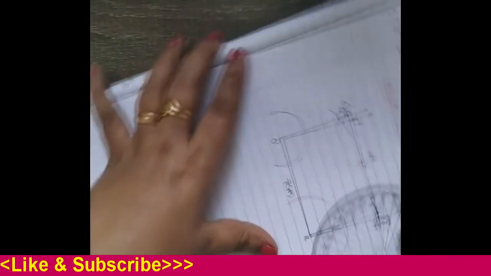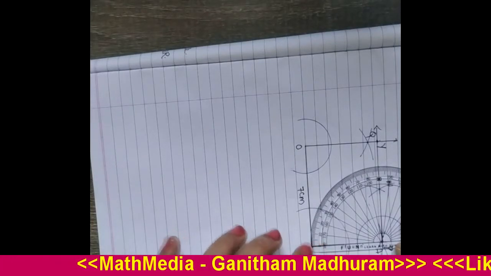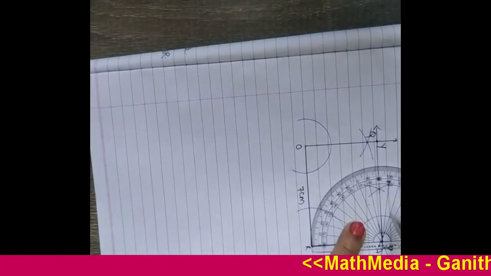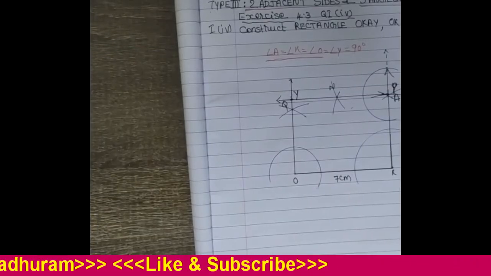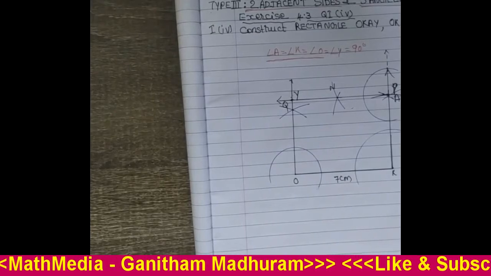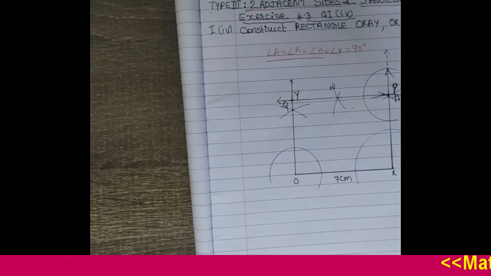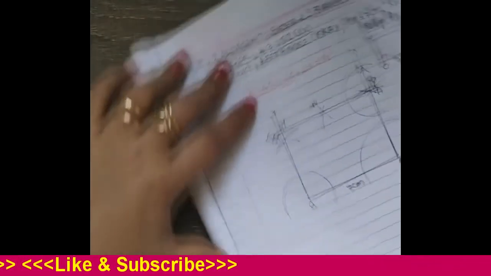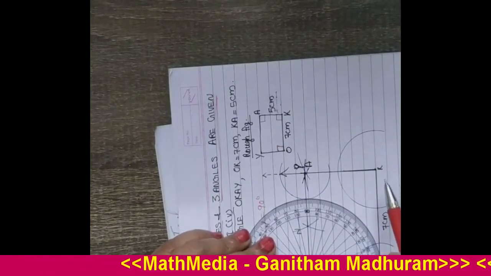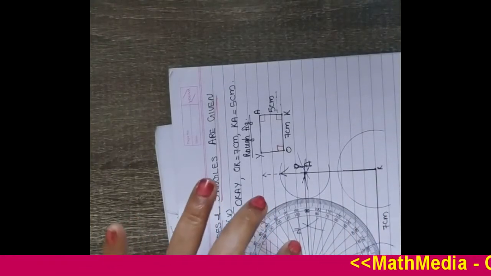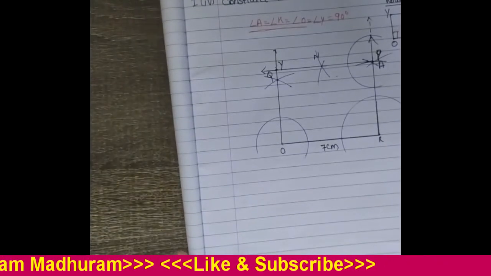Now we constructed at A 90 degree, so turn the book and keep the protractor here, and you can observe that it is exactly 90 degree only. So in a rectangle, all angles are of measure 90 degree each. So one more angle is there, angle Y. If you want, you can check that also with the protractor. So you can see that it is also of 90 degree. Hence the construction is perfect here.